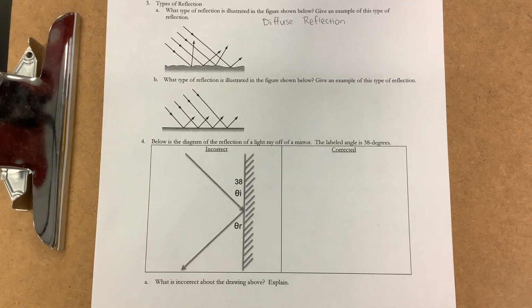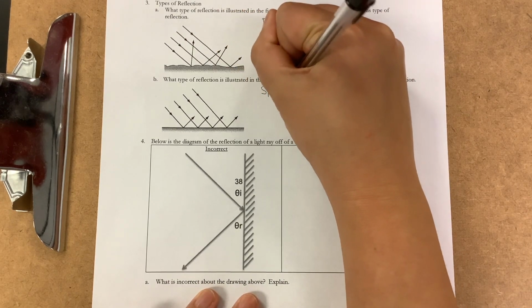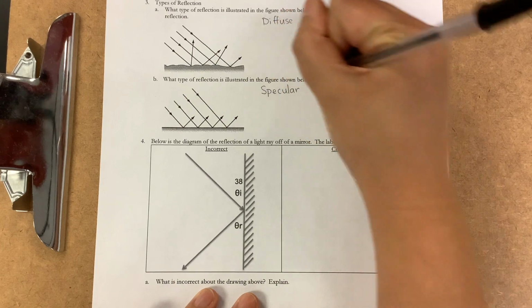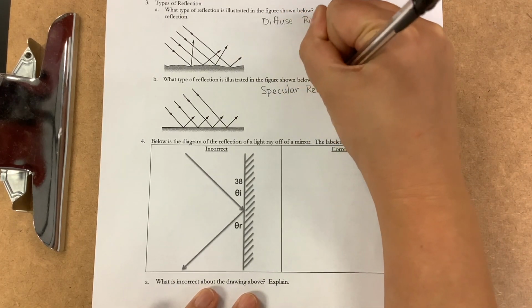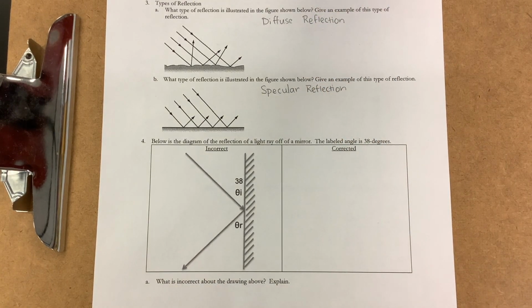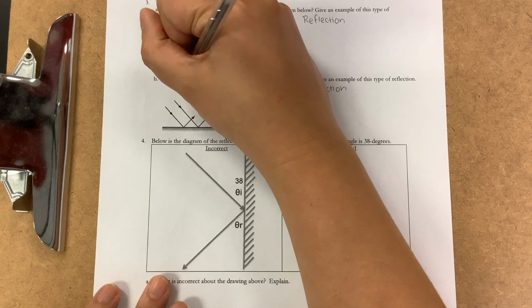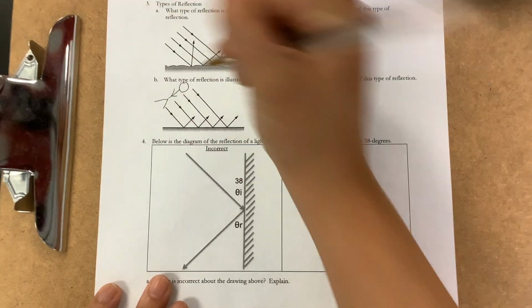Whereas specular, this is off a nice smooth surface. So think specular, S for specular, S for smooth. Specular reflection is off a nice smooth surface, and that makes the rays all kind of stay aligned. So I'm going to do the same example I did in class, but let's say I am looking at a person and their head's over here, and then their torso and their legs.